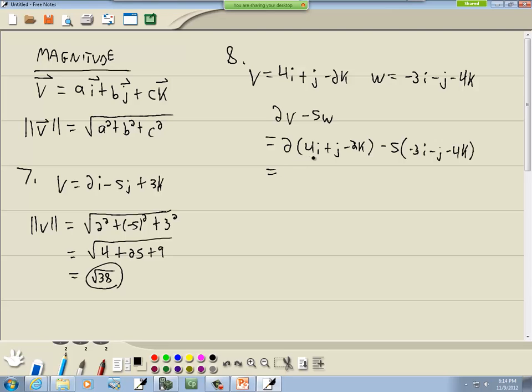Well, the distributive property: 2 times 4i gives us 8i, 2 times j is 2j, and 2 times negative 2k is negative 4k. And then, negative 5 times negative 3i gives us 15i, negative 5 times negative j is a positive 5j, and negative 5 times negative 4k gives us 20k.